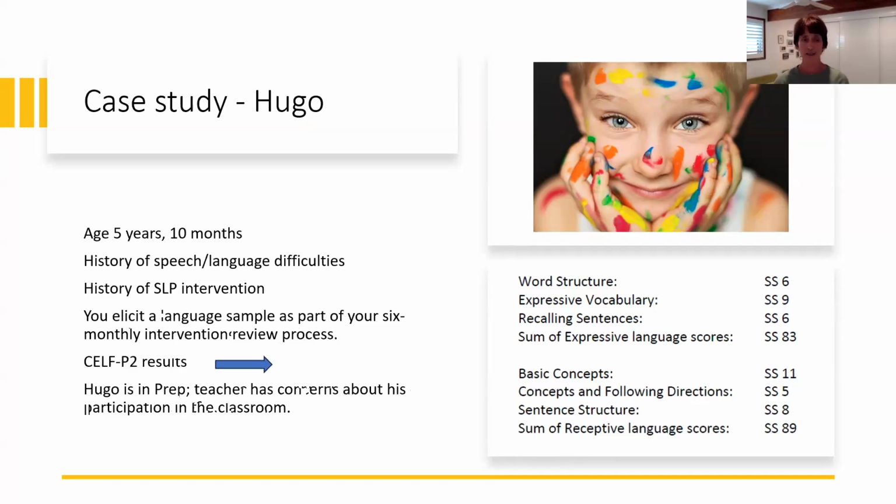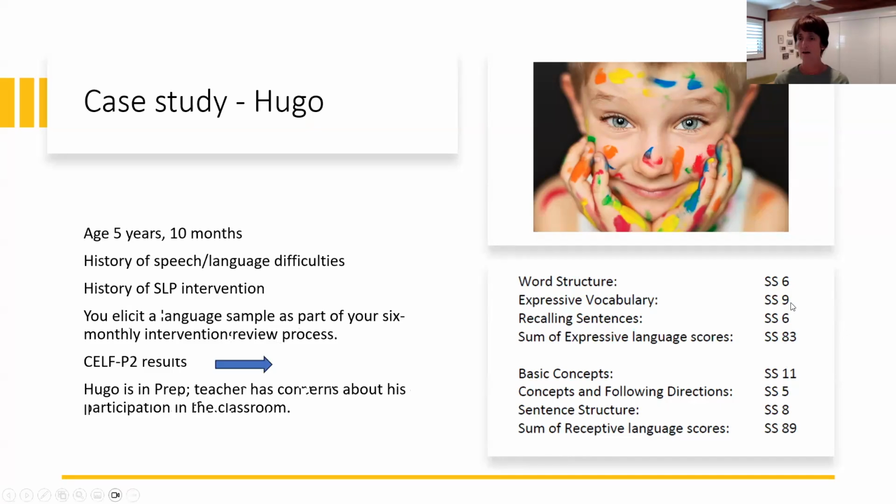And you can see the CELF, the Clinical Evaluation of Language Fundamentals Preschool, results on the right-hand side. You can see here that word structure, which is an expressive test, has a scaled score of 6, so below 1 standard deviation, remembering the average range is between 7 and 13.